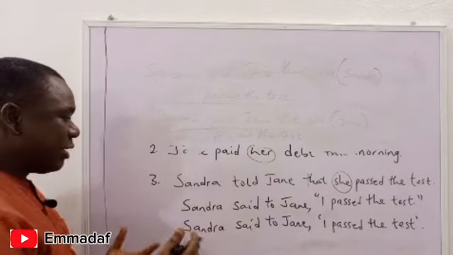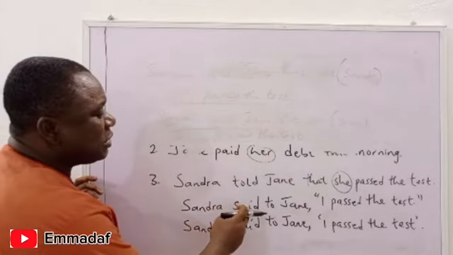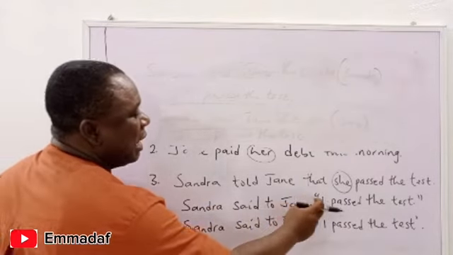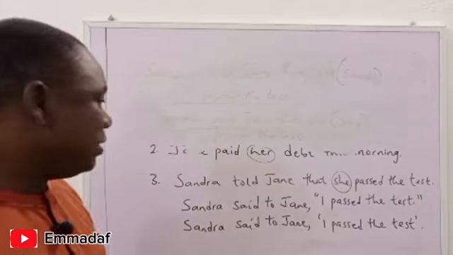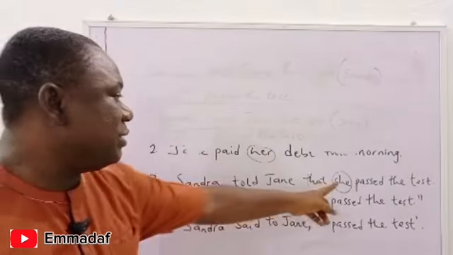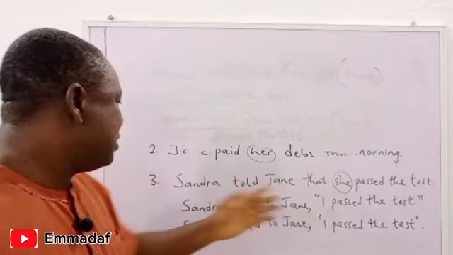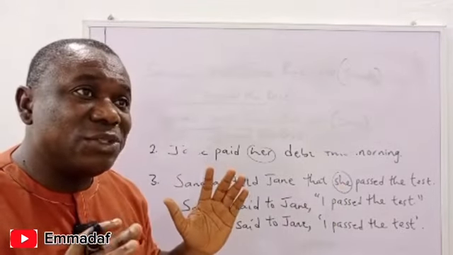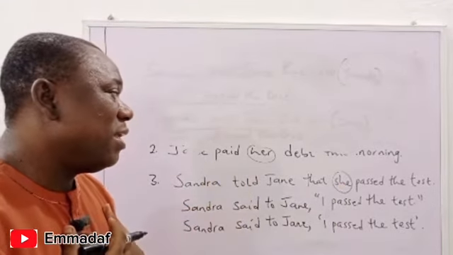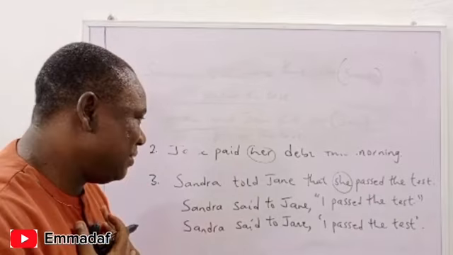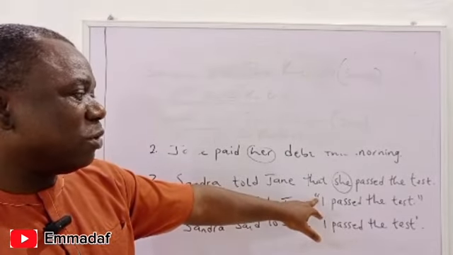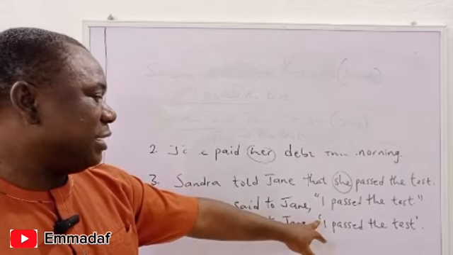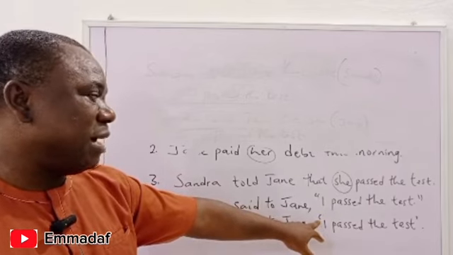Now, this is the second option. Sandra said to Jane, "I passed the test." So what this simply means is the antecedent of this is Sandra. Sandra is saying to Jane, Jane, I passed the test. Now, if you look at this, that's a double quotation mark here, and there's this other option of a single quotation mark.